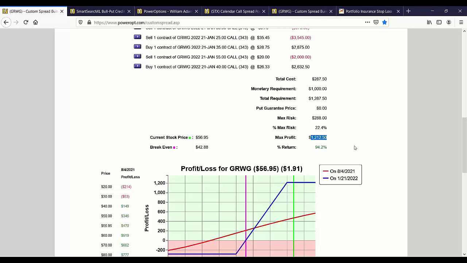I don't know, maybe I'm too conservative, William. This new debit here of 632 on this 15-point spread is almost equal. The numbers are almost identical to doing the 50-35, the monetary debit, including the gains that we took in from the original position, and the maximum return.